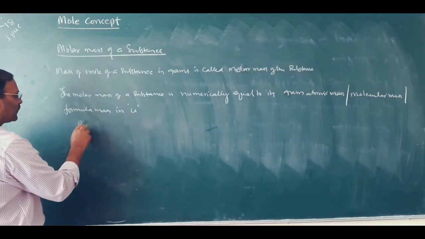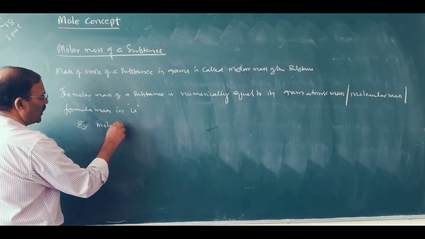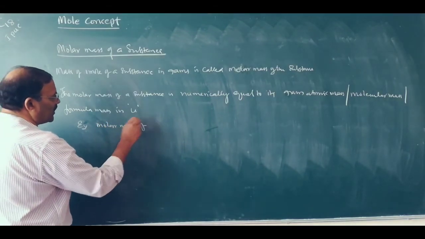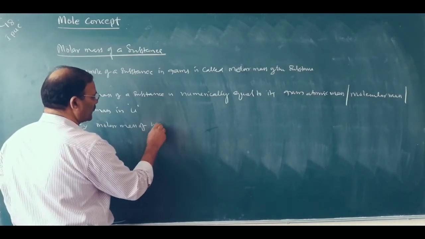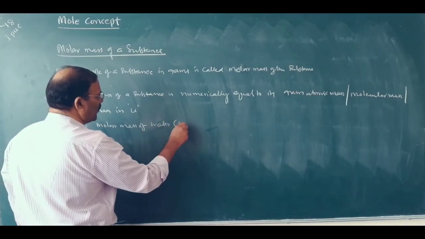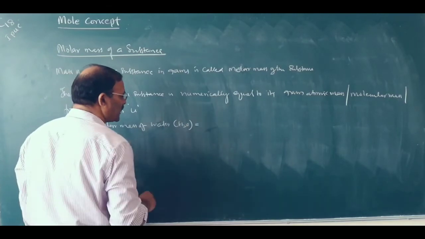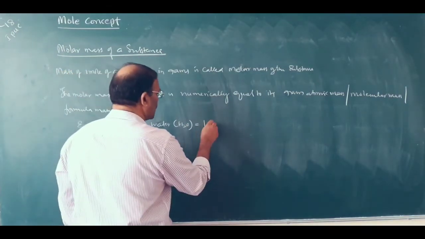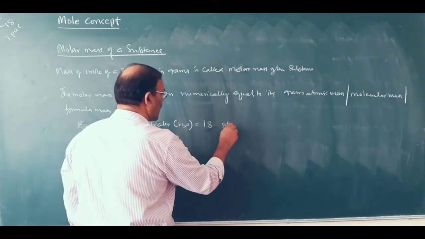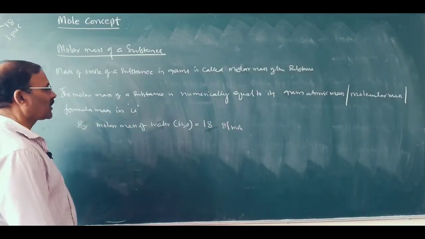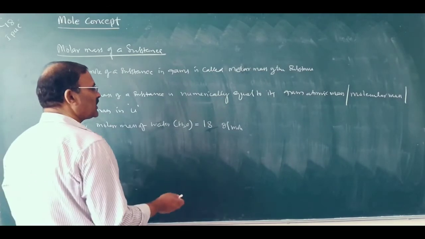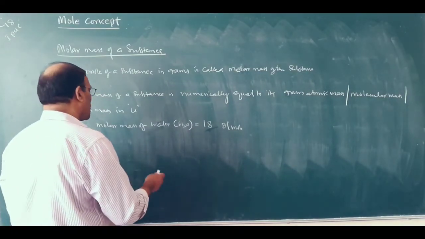Example, molar mass of water. Molar mass of water equals 18 gram per mole. So, molar mass is nothing but the gram molecular mass.